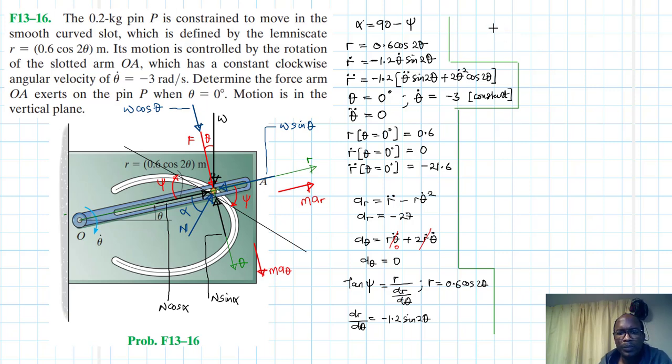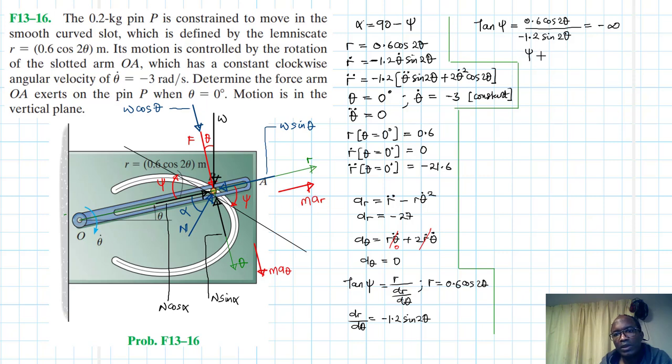So we have tan psi is just equal to 0.6 cos 2 theta divided by minus 1.2 sine 2 theta, and this is just equal to minus infinity.